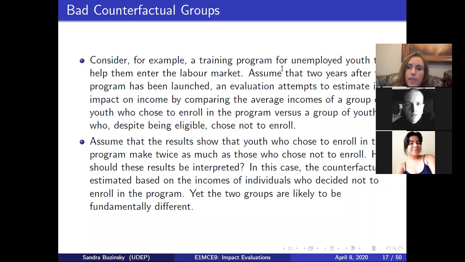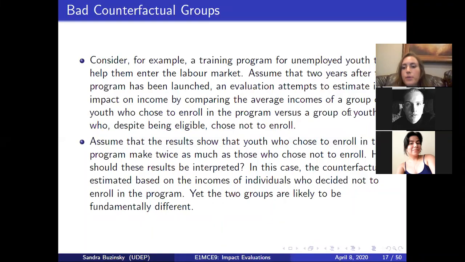Assume that 2 years after the program has been launched, an evaluation attempts to estimate its impact on income by comparing the average incomes of a group of youth who chose to enroll in the program versus a group of youth who, even though they were eligible, chose to not enroll in the program.